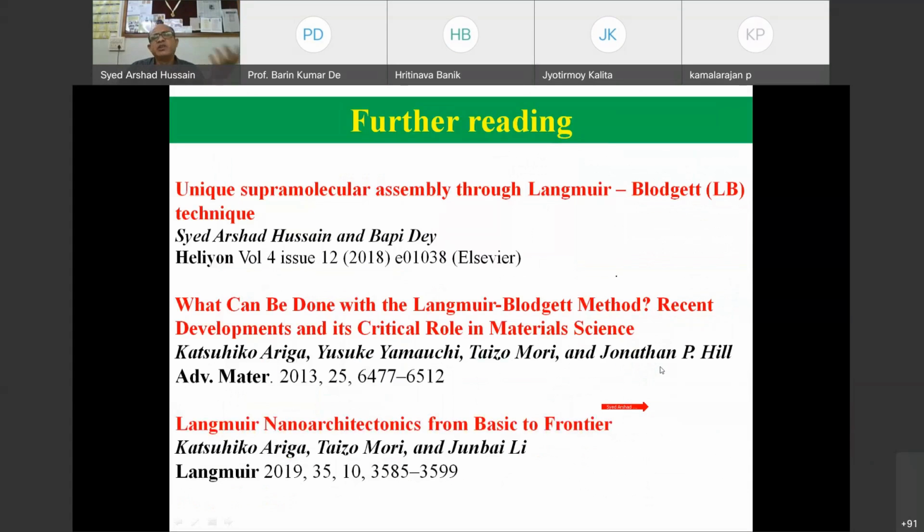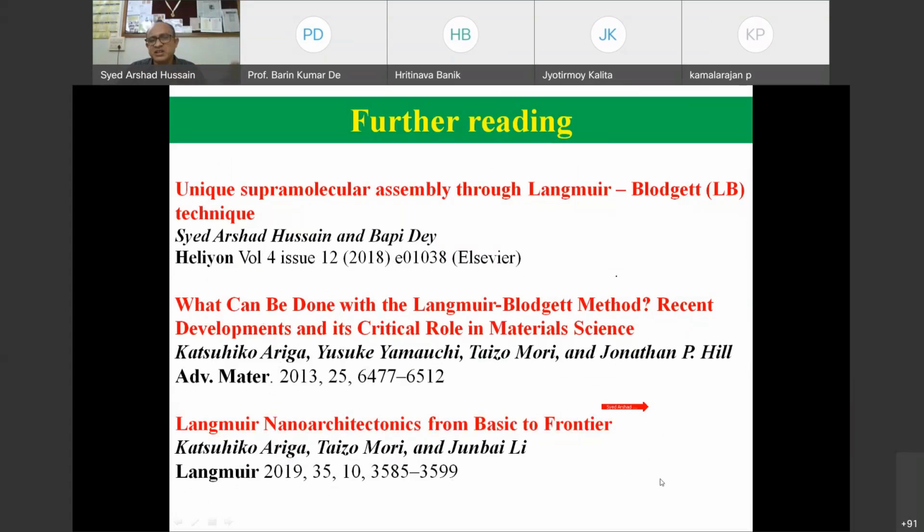Then for future reading, if any of you are interested in Langmuir-Blodgett techniques, I have shared some review articles. There are so many review articles on the internet, but here I have shared 3: one from our group in Heliyon, another from the Ariga group, one in Advanced Materials, another in Langmuir.